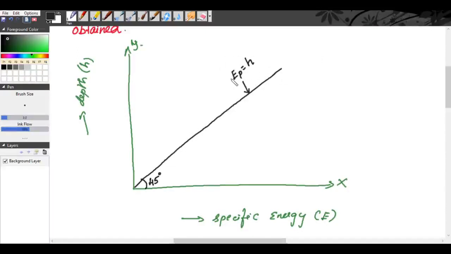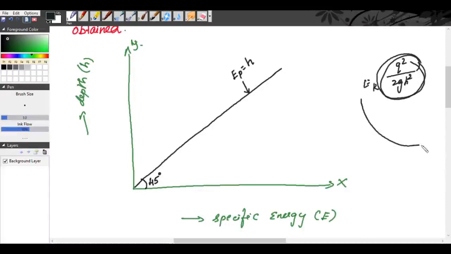Potential energy is over. Now, we will draw the kinetic energy. Kinetic energy is Q square by 2GH square. So this is EK. This means it will be a parabolic equation. So, it will be drawn like this, right?